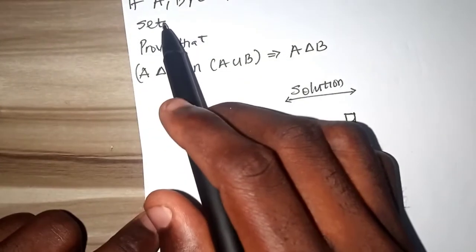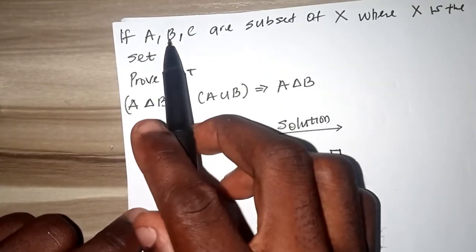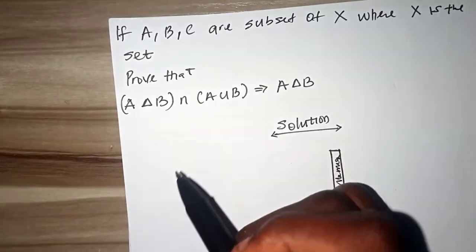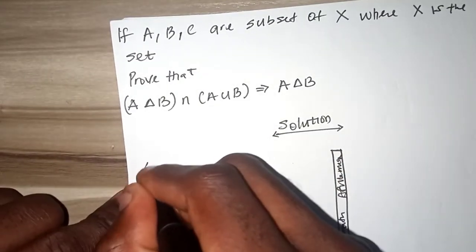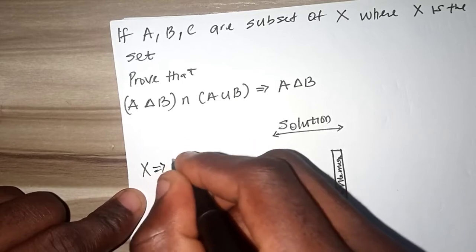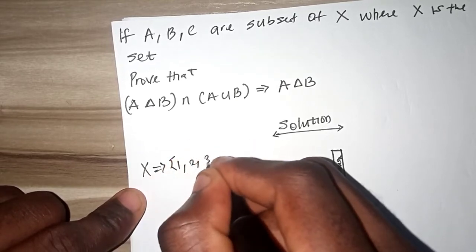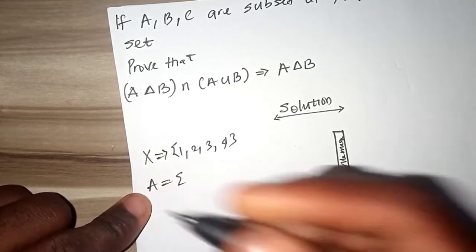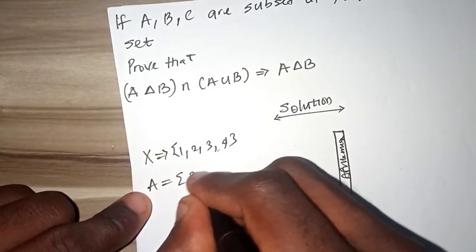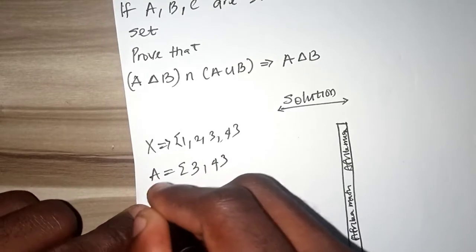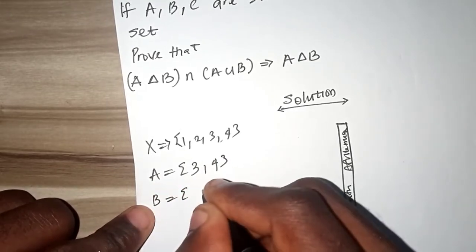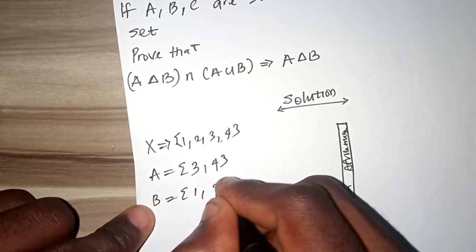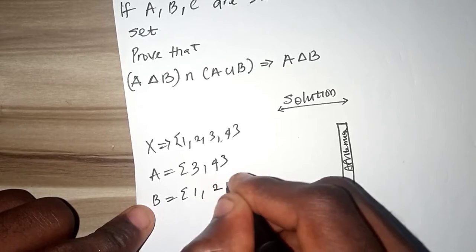We are told that A, B, C are subsets, right? Okay. Let's say our universal set is 1, 2, 3, 4. Then let's say our A, because they are subsets, we're going to remove them from this: 3, 4, and let our B to be 1, 2.